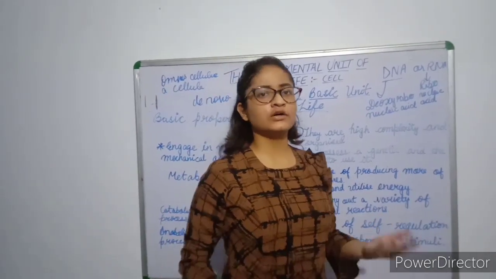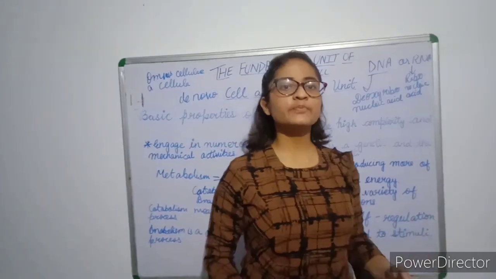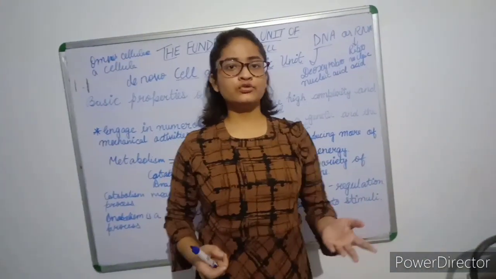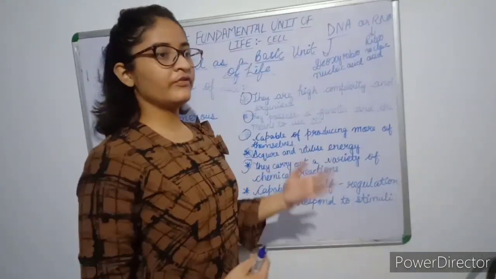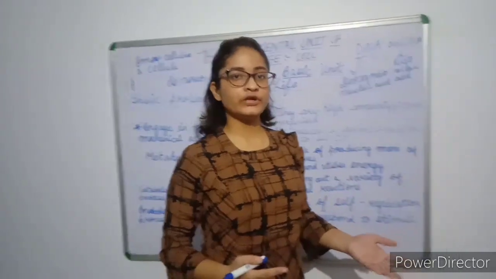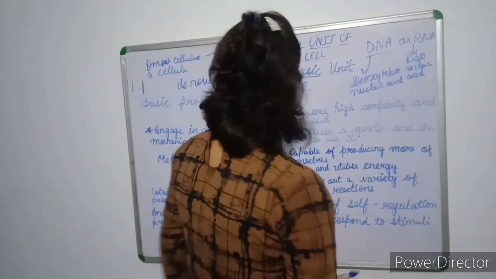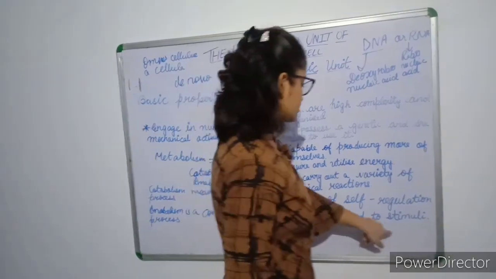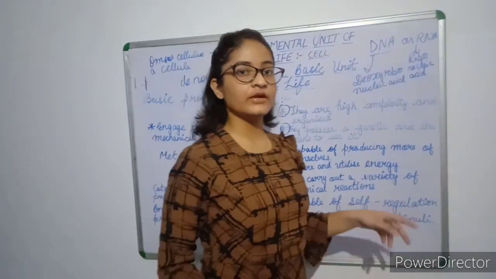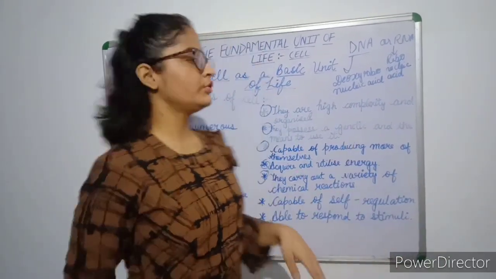Similarly, when your younger brother or sister is pinching or tickling you, according to the information your brain is getting from your receptors, you will respond to it. Either you will beat him or complain to your mom and dad. It is able to respond to stimuli.